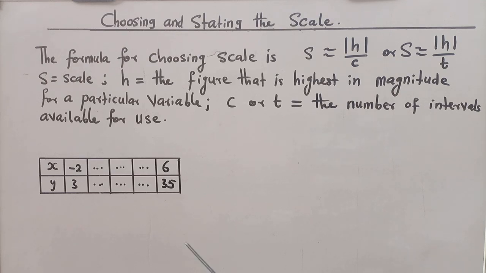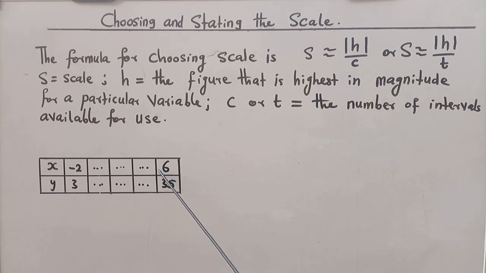For instance, this X had 6 as its highest value. And because no sign is here, we remember that it is plus 6. That means that it is not minus x that was used to choose the scale. Instead, it was plus x that was used to choose the scale.